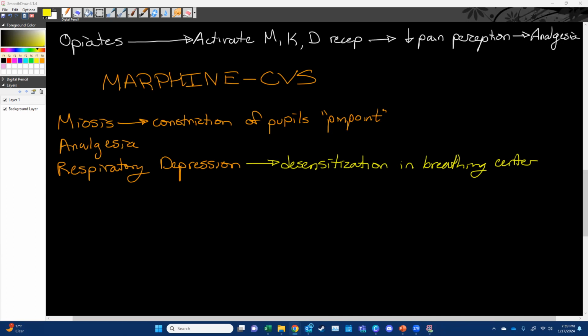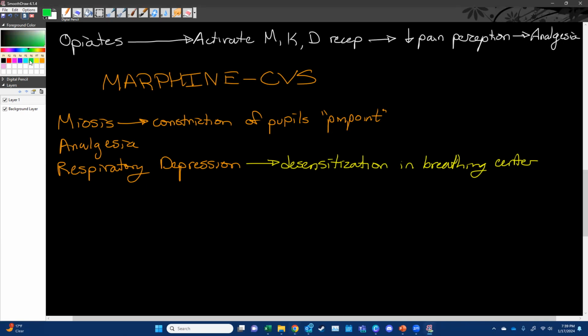Opiates don't cause someone to stop breathing. What it does is it prevents the body from recognizing that there's a CO2 buildup. So normally when we have an increase in blood CO2 levels, this is sensed in the chemoreceptors.